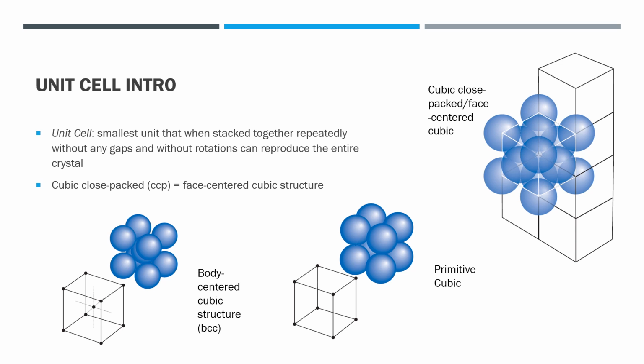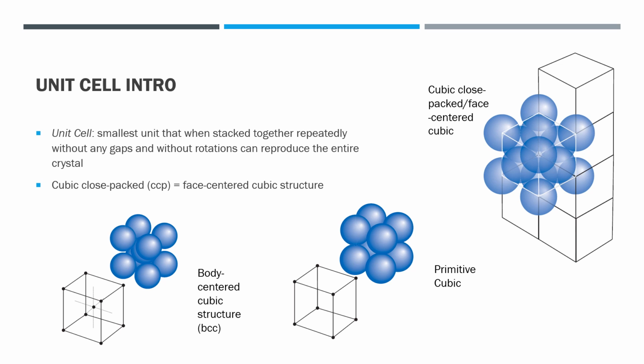We're going to look at three types of cubic unit cells. Most of the time we're going to be asked about cubic. There are other types of unit cells that I'll talk about on the next slide, but I'm not going to go into them extensively because they're more complicated to do math with, and we're usually not going to be asked about them.